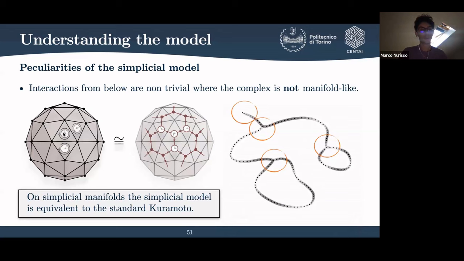You can just put a node on each of the k-simplices and build a graph, and you will find that the dynamics is actually equivalent. On the maximal simplices, or exactly in the maximal simplices. But in the lower dimensions, in the middle dimensions, there could be something else happening. Exactly, yeah. For the k-dimensional dynamics to be equivalent to the standard Kuramoto, you want the complex to be a k-dimensional manifold. Otherwise, it doesn't hold.